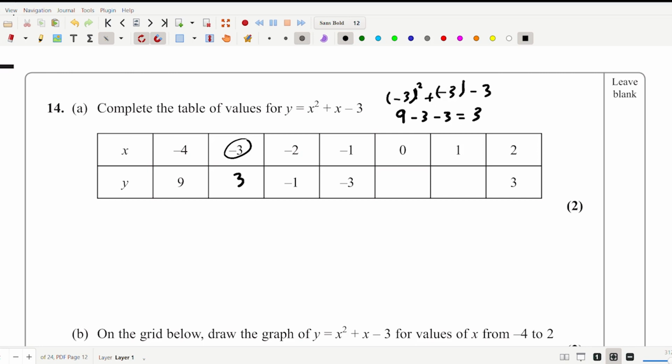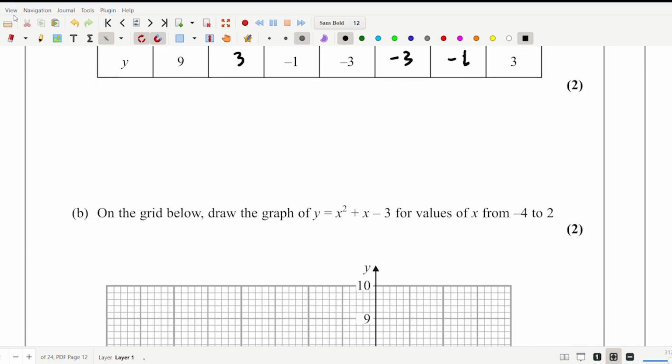Now for 0, 0 plus 0 is 0, minus 3 is minus 3. For 1, 1 squared is 1, 1 plus 1 is 2, 2 minus 3 is minus 1. Now we have the points minus 4 and 9, minus 3 and 3, minus 2, minus 1, and so on till we reach 2 and 3.